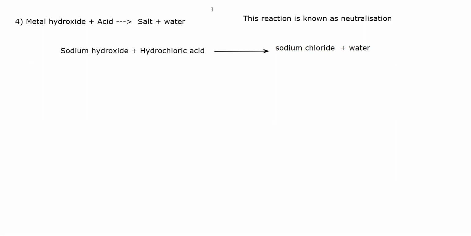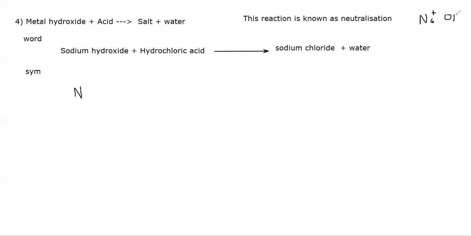This is a word equation. But if you want to write a symbolic equation for this, sodium hydroxide formula is NaOH. How do you work it out? Sodium is group 1, so it's +1, and hydroxide is OH, so it's -1.